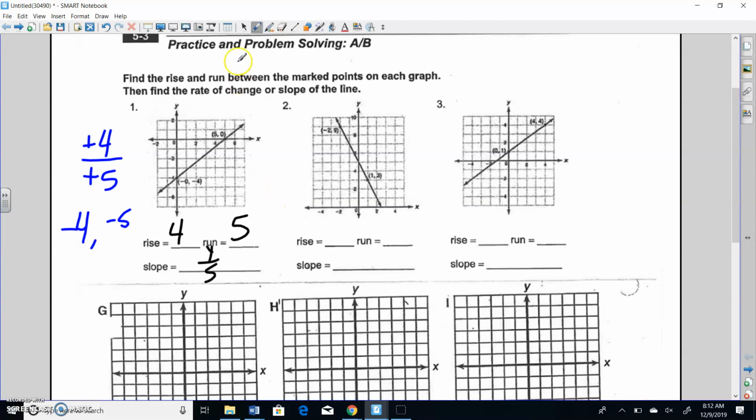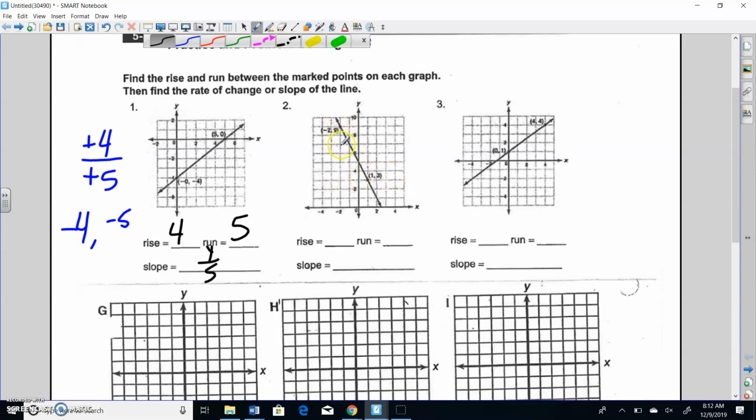All right, let's take a look at number 2. We have our 2 points identified, (-2, 9) and (1, 3). So starting at the left, I'm going to do my rise over my run. My rise is the up or down. So in order to get on the horizontal of this point, I have to move down.